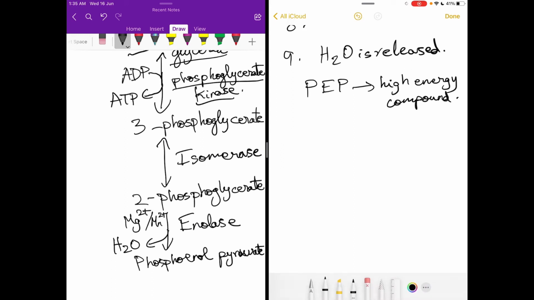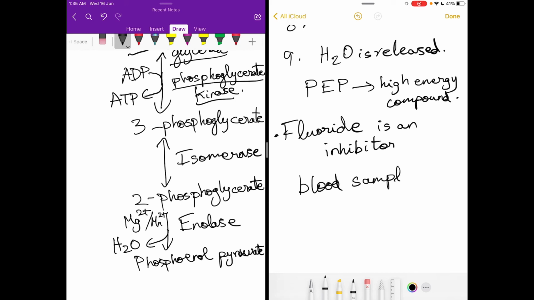Now before we move on to the 10th reaction, I have to add one more point, that is fluoride is an inhibitor of this enolase enzyme. So what is the significance of this fluoride? Why do we need to know about this inhibitor now? Of course, iodoacetate is going to be used for cancer treatment, arsenate, arsenic poison. Same way, this fluoride is being added in blood samples. What blood samples? The blood samples which are collected for glucose test, it may be fasting or postprandial.